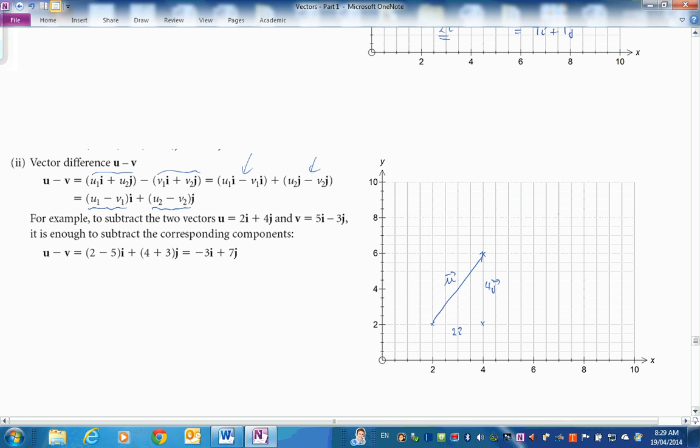So what that means is on the end of this, instead of going 5i this way, we want to go the opposite. So let's just write down what negative v would be. Negative v would be negative 5i plus 3j, wouldn't it? Multiplying this by negative 1, going the opposite direction.